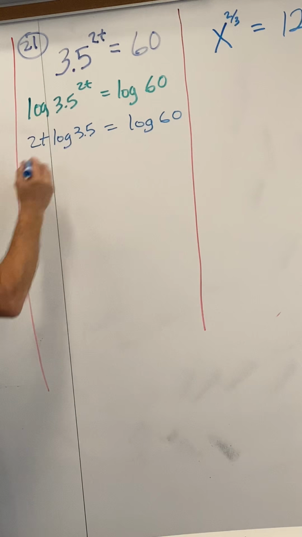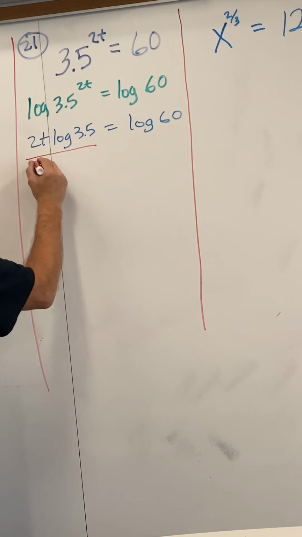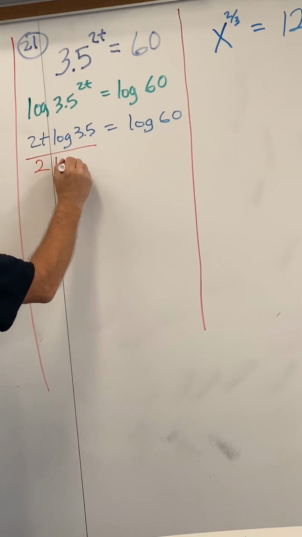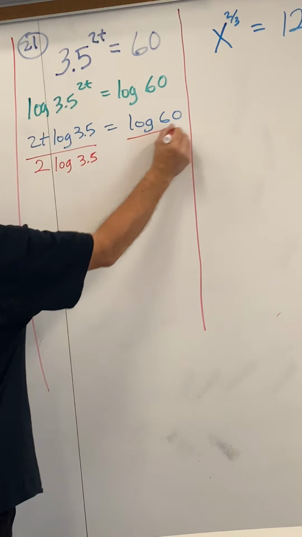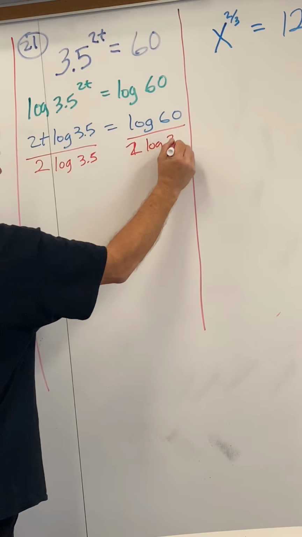I want the t by itself, so I get rid of the 2 and the log 3.5 by dividing by 2 and dividing by log 3.5.